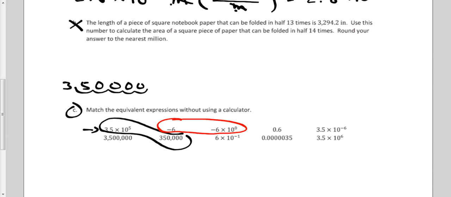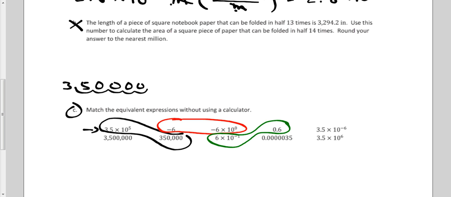Okay? How about 0.6? Who can give me some input on that one? The negative 1. Ah, this one right here? Yeah. Let's do that one in green. There we go.